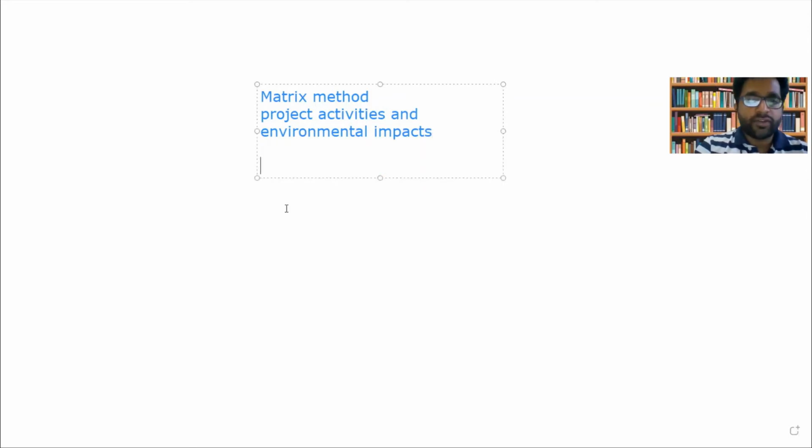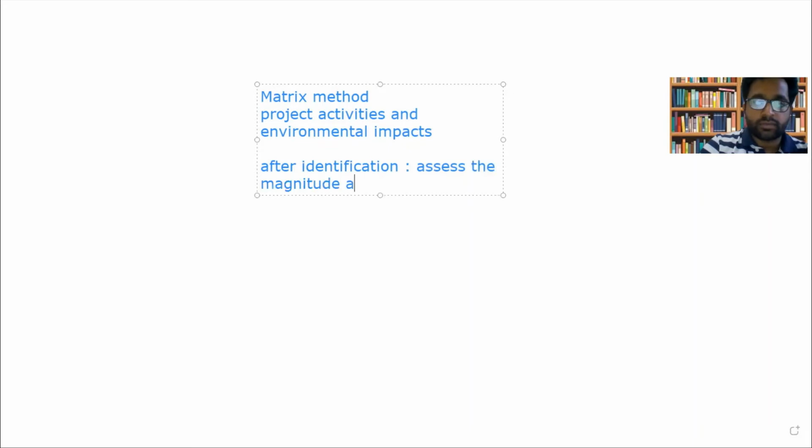For example, first of all, you are identifying. After identification, you need to assess the magnitude and impact. First you identify the project activities, and depending on the different project activities, you identify what the magnitude is and how these activities are impacting.